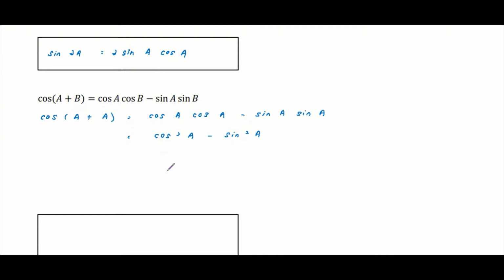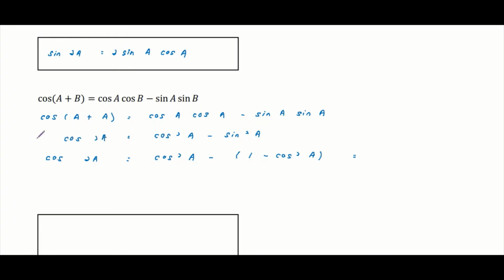Second one, let us try to change this by using the basic identity that we have learned. So cos square A minus sine square A is equal to what? Sine square A is 1 minus cos square A. Okay, so for this part, what can you get? So I'm writing it like this so you won't get confused. So this is the second one.